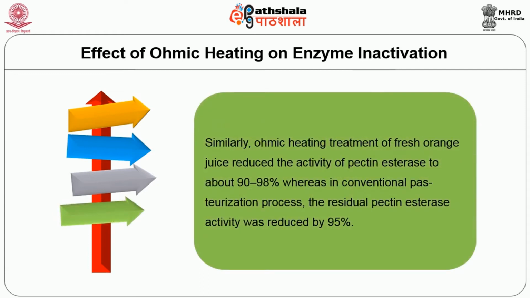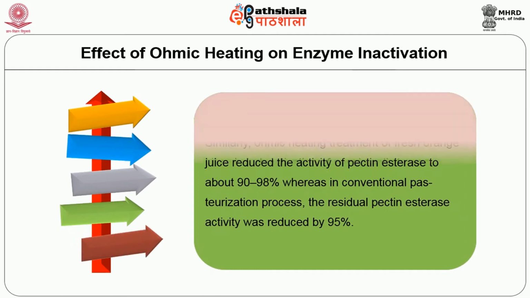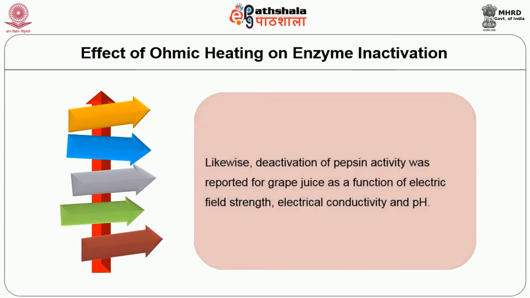Similarly, ohmic heating treatment of fresh orange juice reduced the activity of pectin esterase to about 90 to 98%, whereas in conventional pasteurization process, the residual pectin esterase activity was reduced by 95% only. Likewise, the deactivation of pepsin activity was reported for grape juice as a function of electric field strength, electrical conductivity and pH.